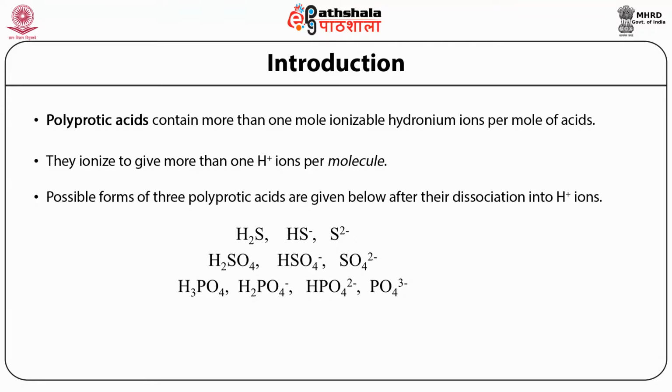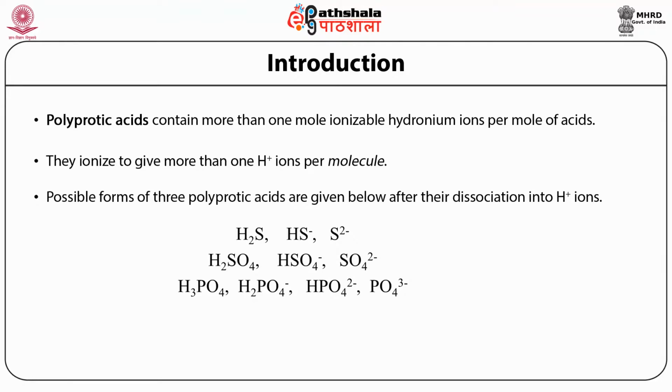Similarly, phosphoric acid, H3PO4, after dissociating a proton or H plus, forms the H2PO4 minus anion. Then it further loses a proton and forms the HPO4 2 minus anion, and it further loses a proton and forms the PO4 3 minus anion.